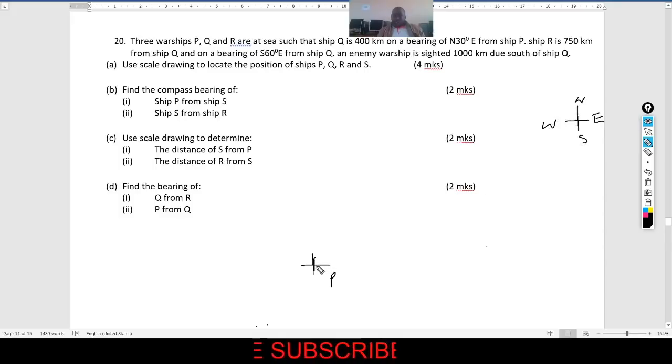So we are told it is north 30 degrees to the east. So this is where it is here. From there you have a sketch like that, and then we have your Q here, and this one is 400 kilometers.